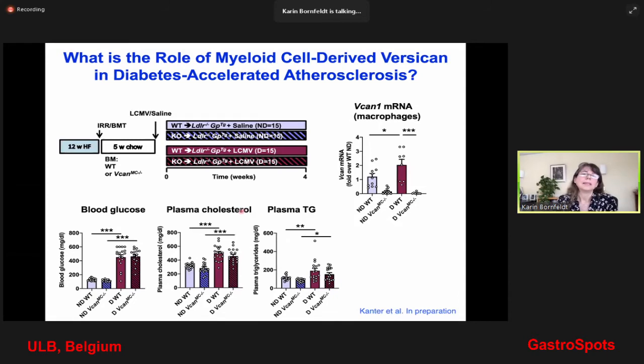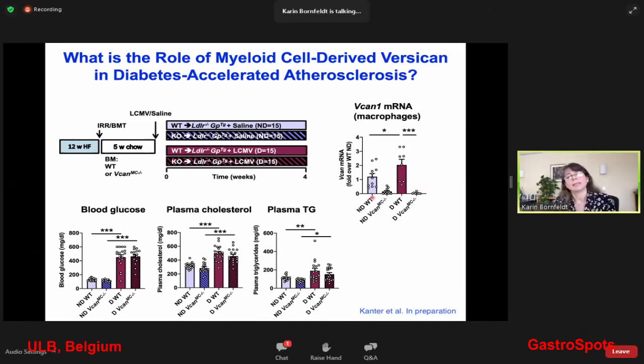And we set this study up similar to what I showed you before to look at more advanced lesions. So we fat-fed the animals for 12 weeks. Then we gave them bone marrow transplants from wild-type animals or animals with a myeloid cell restricted Versican deficiency. We let them recover for 5 weeks, and then we induced diabetes for 4 weeks.